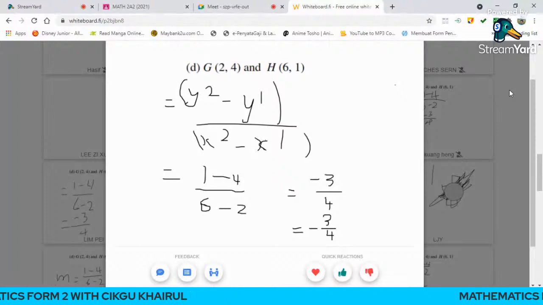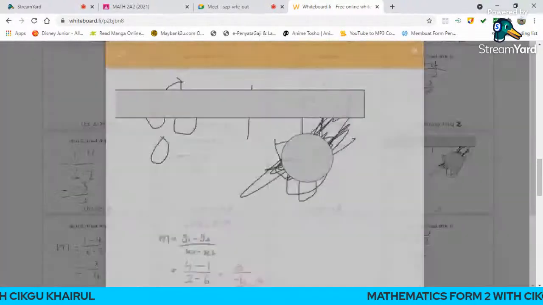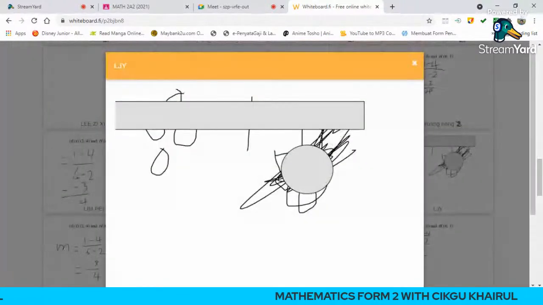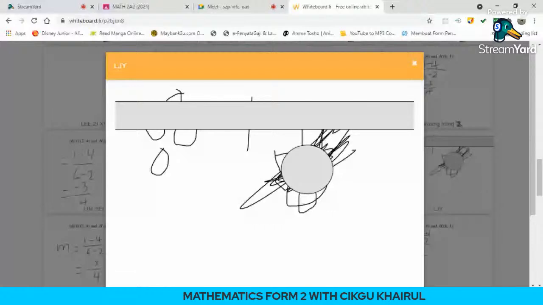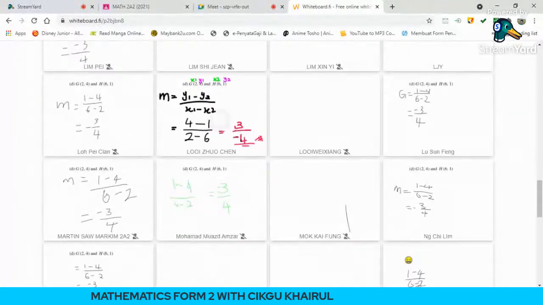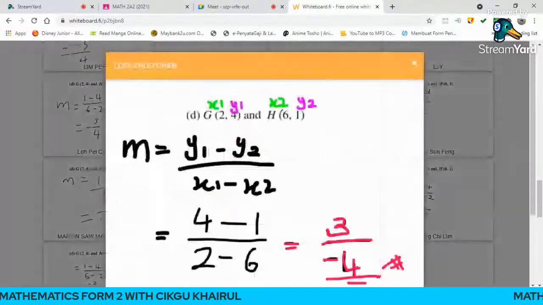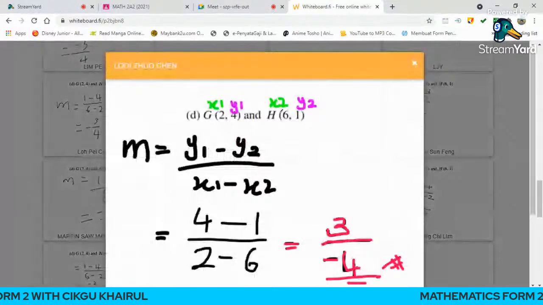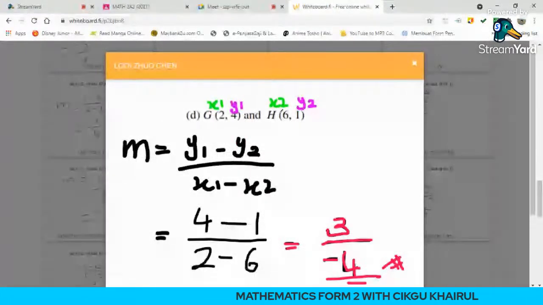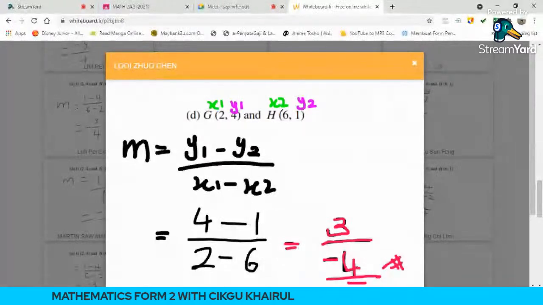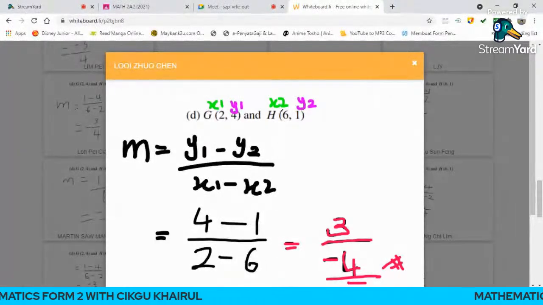Okay. Next, who else? This one very good. Very nice. However, your answer, you write 3 over negative 4. Remember, you cannot write negative on the lower part, the denominator, as your final answer.